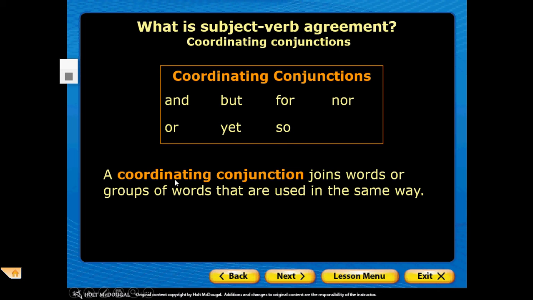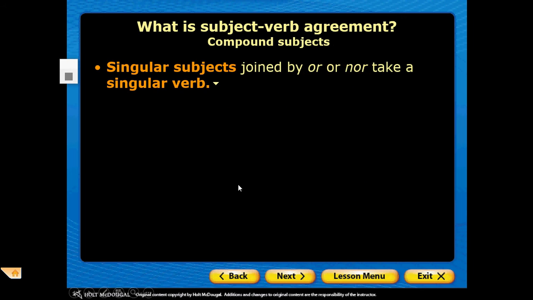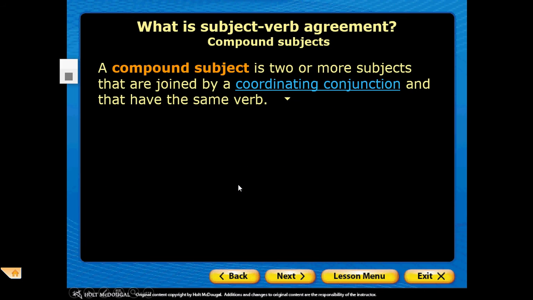These are called coordinating conjunctions. They join words or groups of words that are used in the same way. So let's go back. A compound subject is two or more subjects that are joined by a coordinating conjunction and that have the same verb.